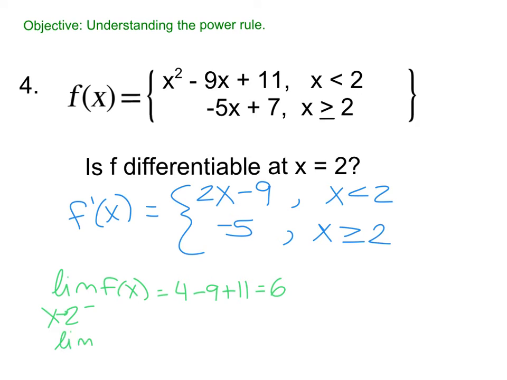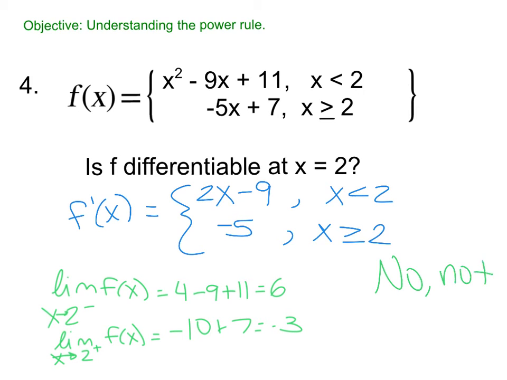The limit as x approaches 2 from the right is negative 10 plus 7, which is negative 3. So no, not differentiable.